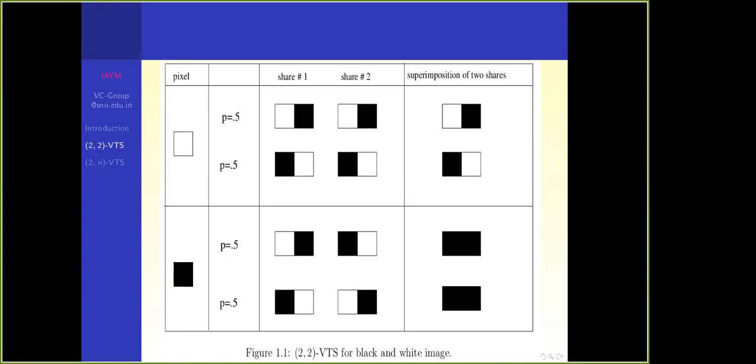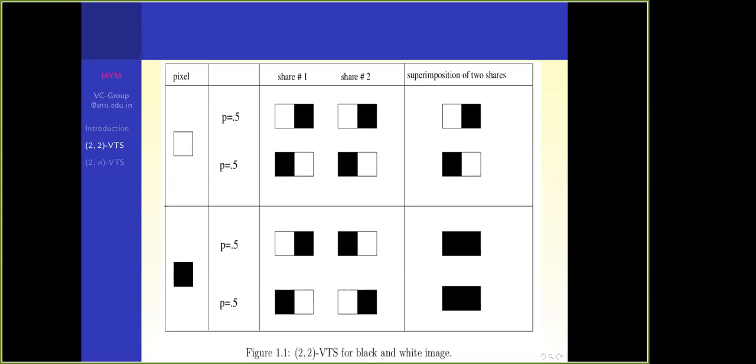Any questions here? Yes. Why have you taken 2 cases in each? No, any one of them you can give. A white pixel comes, right? I am taking the black and white image, 1 pixel at a time.